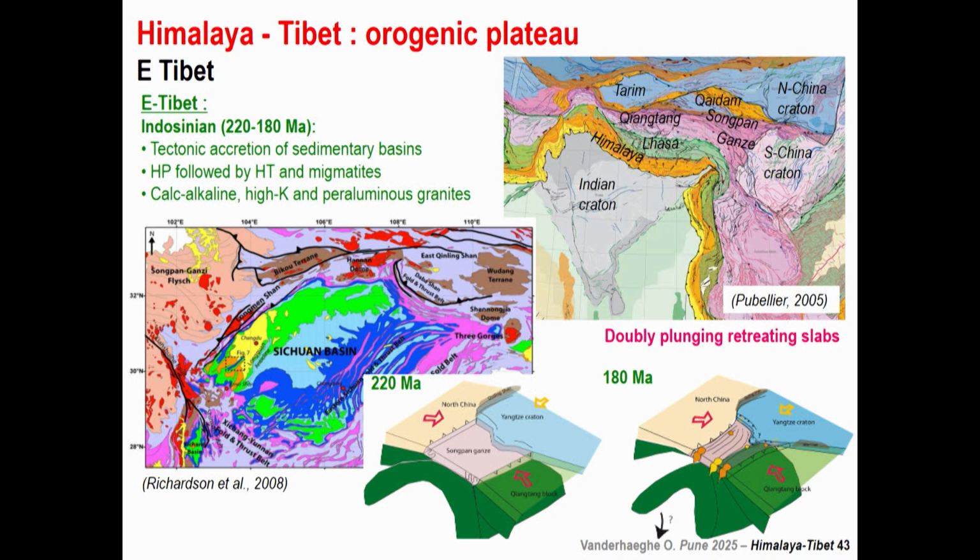We were really disappointed. We went into the Songpan-Ganze, this area where you have high-grade rocks in purple, everything dated at around 200, 220 million years, nothing around Cenozoic. Well, you have to learn, when you do research, that not everything works as planned.